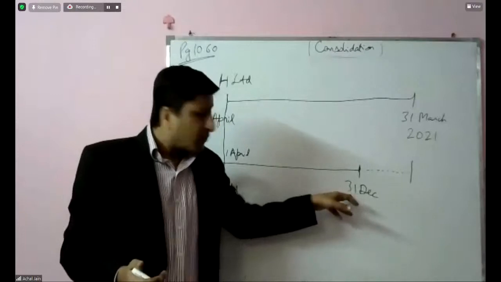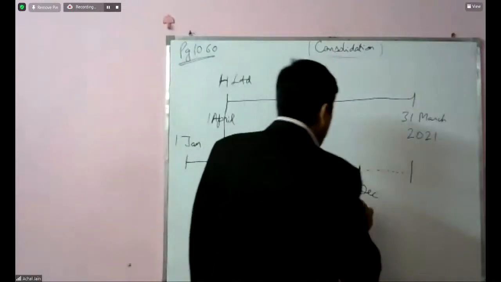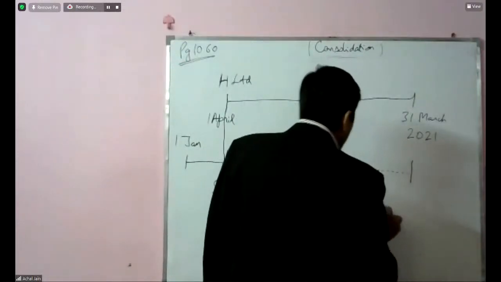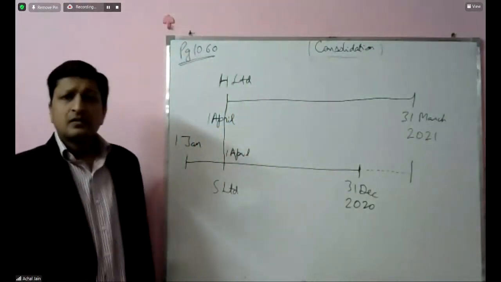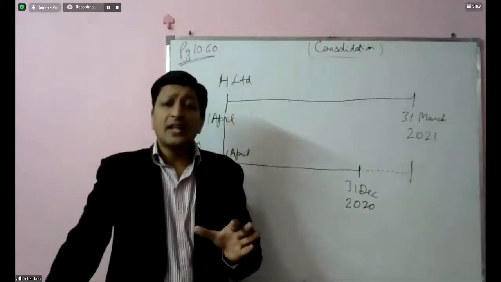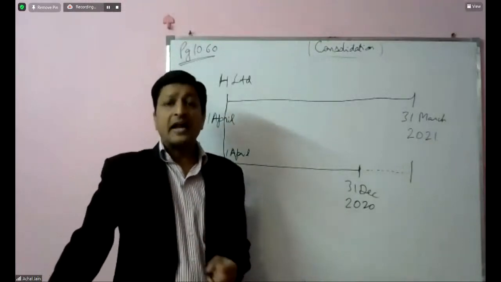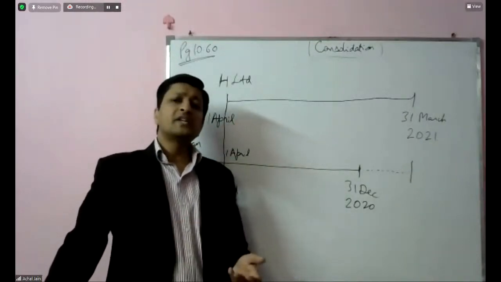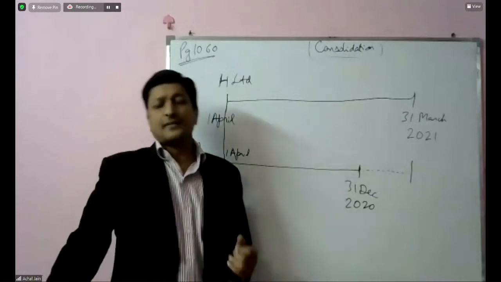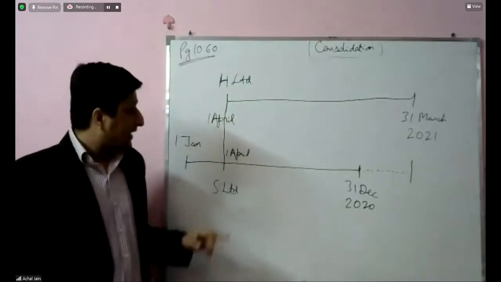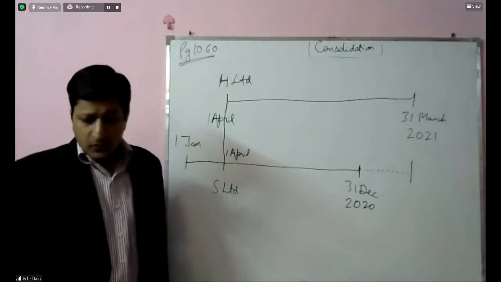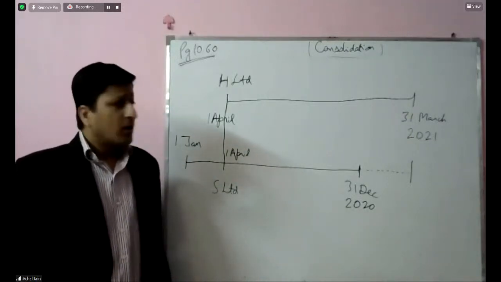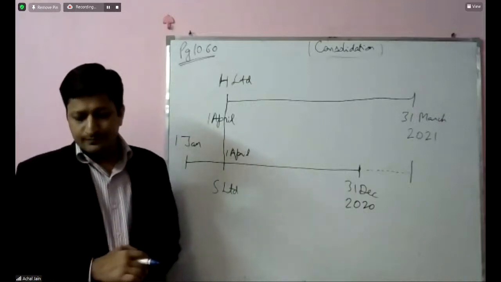And for this calendar year, financial statements are already finalized and closed. Now, this problem will not arise in case of a local subsidiary. Why? Because in India, all the companies will be following the financial year. But in case of foreign subsidiary, this problem will arise. Okay. So now, how do we deal with this problem?